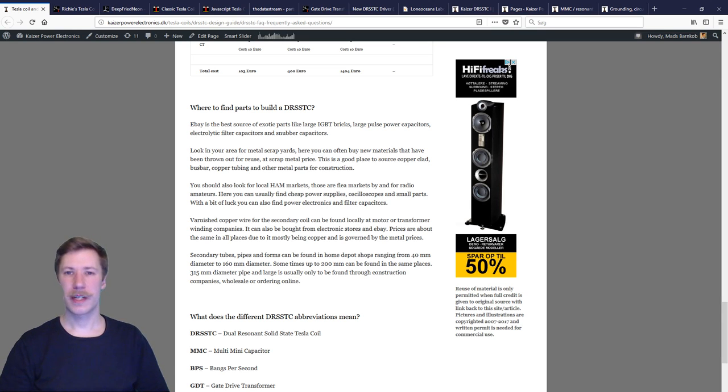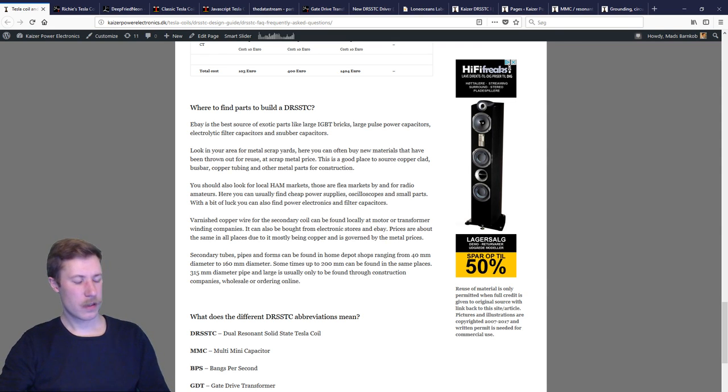When it comes to secondary coil forms or tubes, home improvement depots or contractors, if you're going for the really large diameter pipes, that is really where you have to go, because most home improvement depots do not have tubes that are bigger than 160 to 200 millimeters in diameter.